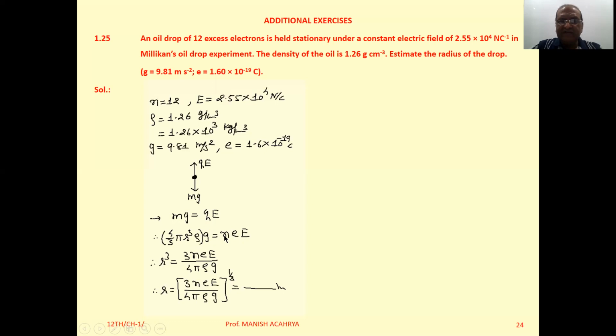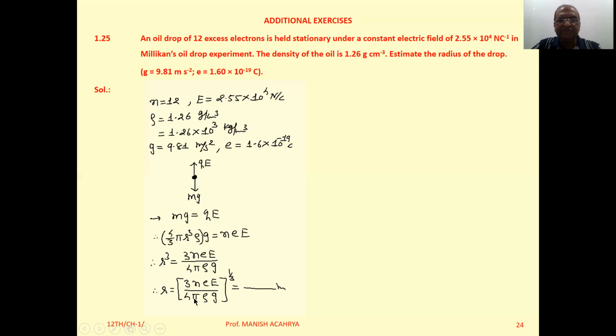So total charge is ne. So r³ is equal to 3neE upon 4πρg. So r, the radius of the drop, is (3neE upon 4πρg) whole raised to 1/3.